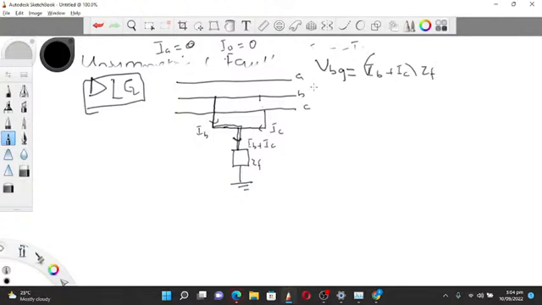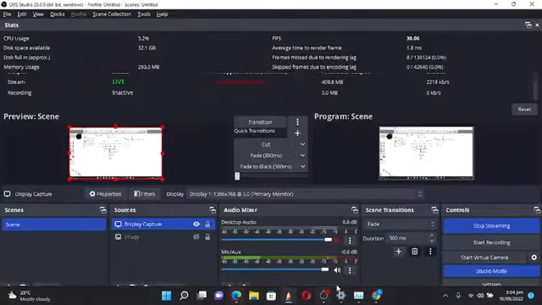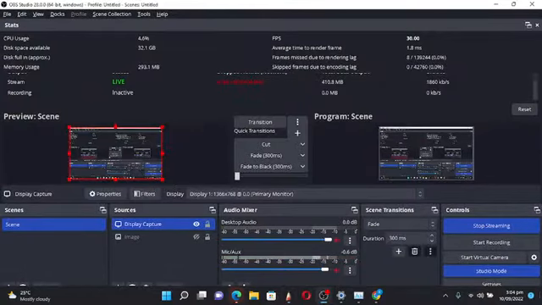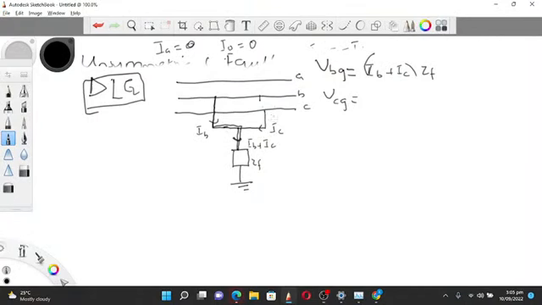Same way, if we want VCG, if we want the voltage from C to ground, it will also be IB plus IC times ZF.